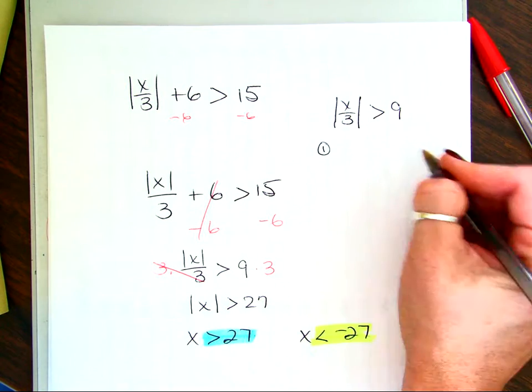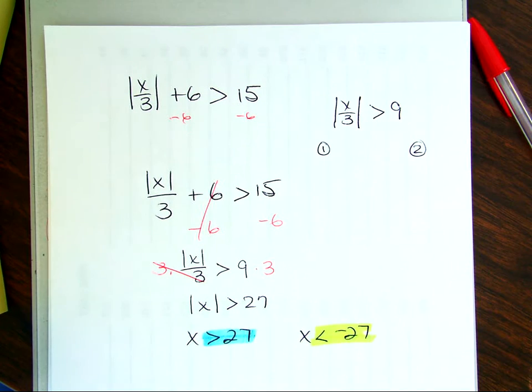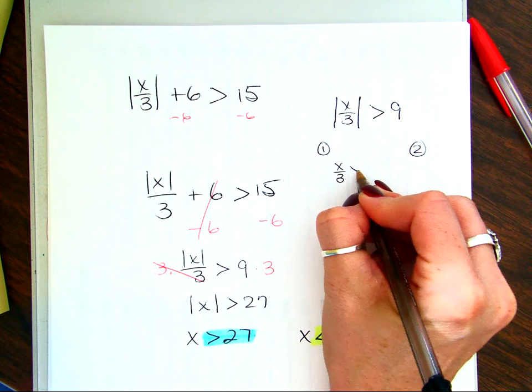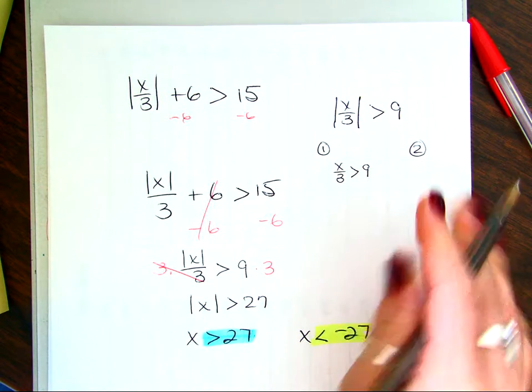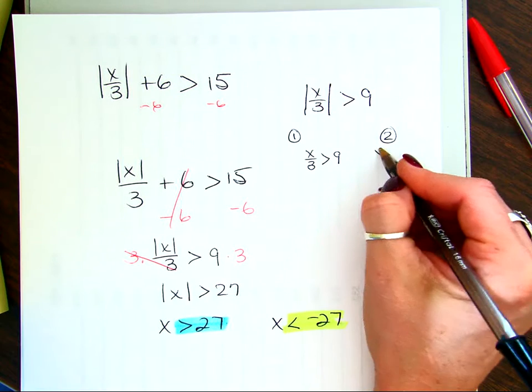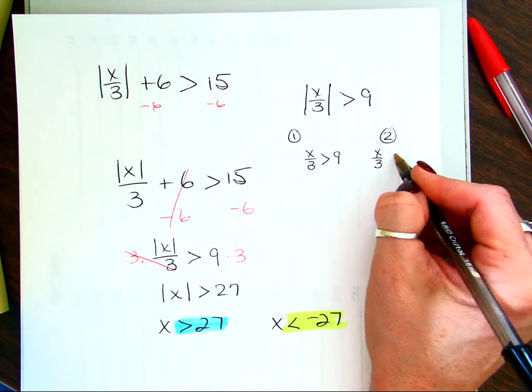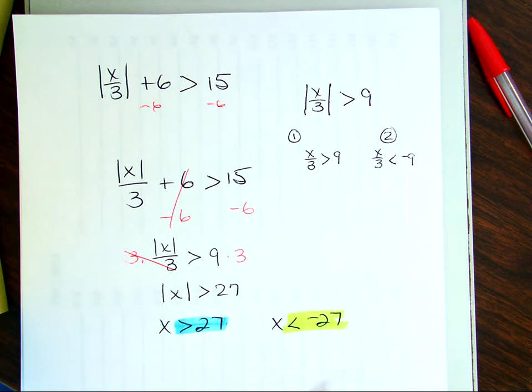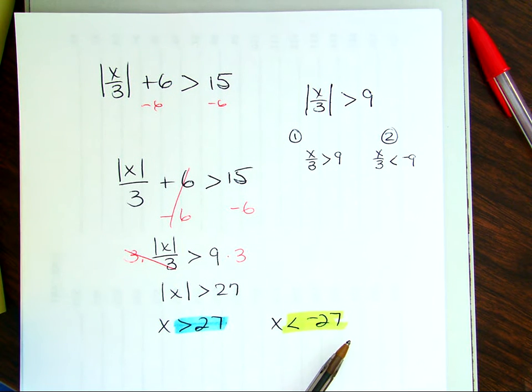Now I go into my 2 equations. One of them being x over 3 could be greater than a positive 9. What's the other one? X over 3 could be less than a negative 9. Are you seeing this? It is literally the same exact lesson as yesterday. I'm not done. I got to finish it.